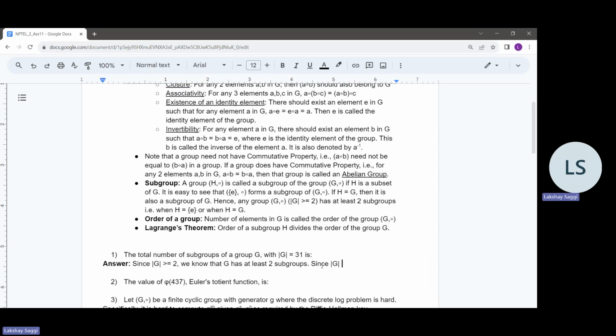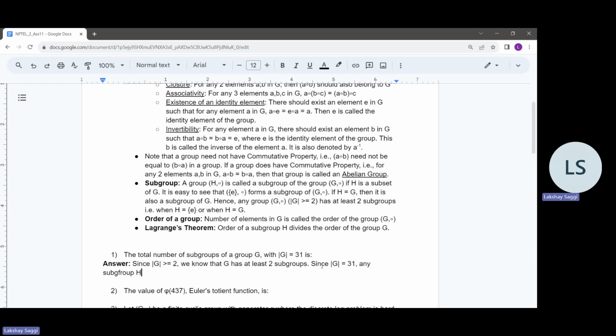Since the order of the group G is 31, any subgroup H of G will have an order such that the order of H divides the order of G. So the order of H should divide 31.